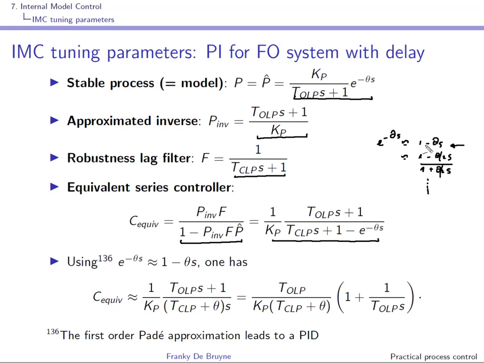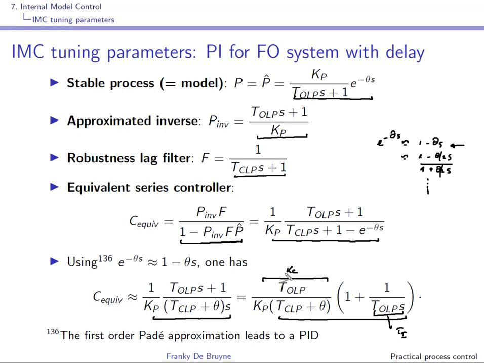If we inject this approximation in here, we end up with this approximated equivalent series controller, and you can rewrite it differently, and now you recognize the form of a PI controller, where this is the controller gain and this is the integral time constant.